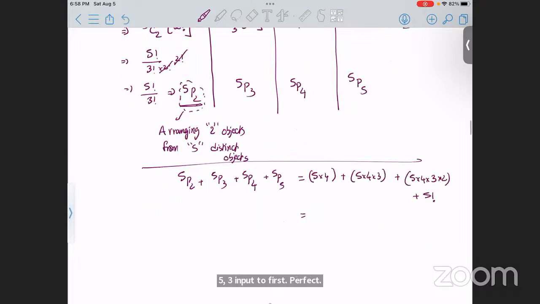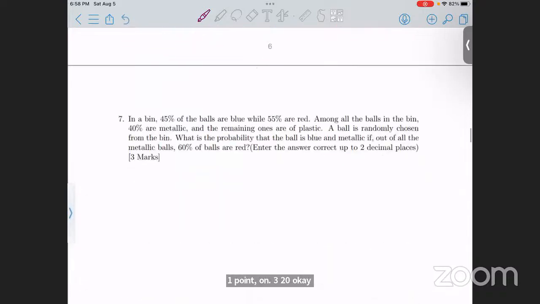What is the answer? 20 plus 60 plus 120 plus 120. 320. Yes, sir, 320. And we will move on.